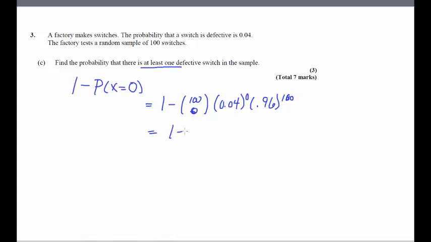We work this out on the calculator, and when I subtract and round to 3 significant figures, we find this to be 0.983.